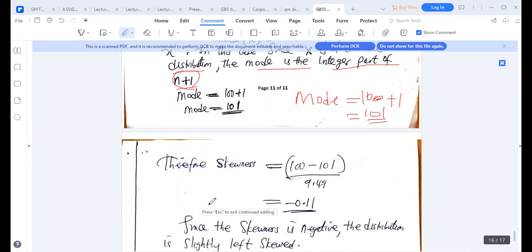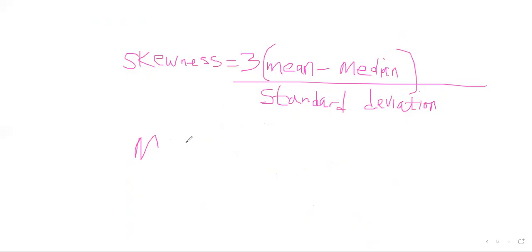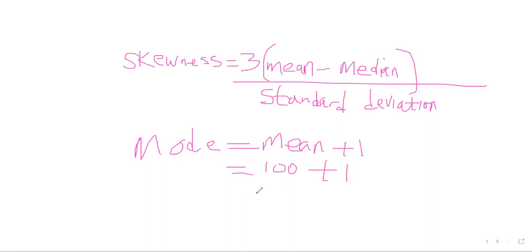So that's the mode. Skewness is equal to 100 minus 101, using the mean minus mode over standard deviation. We are assuming our mode is the most frequent, so the mode is the mean plus 1. Our mean is 100 plus 1, which is 101.